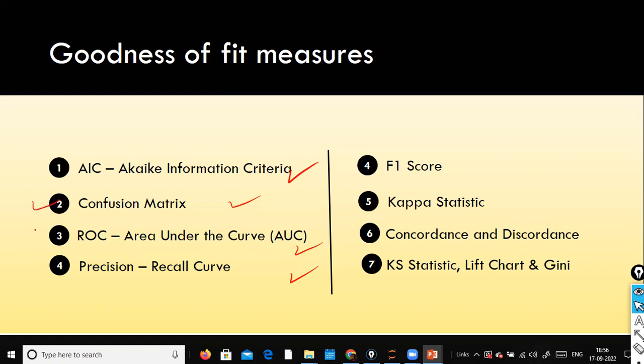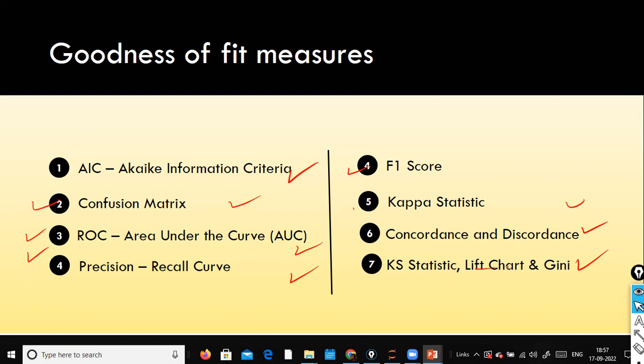Points 2, 3, 4, and including F1 score, these are common for all classification problems. Hence, if you understand it thoroughly here, you will use the same metrics for all classification problems. Points 5, 6, 7 are related to your binary classification problem, and in the case of logistic regression, we'll be using them.